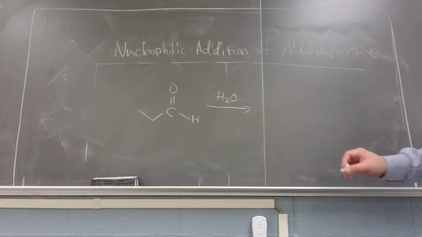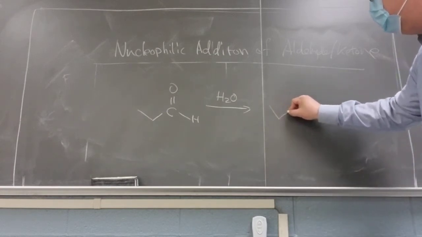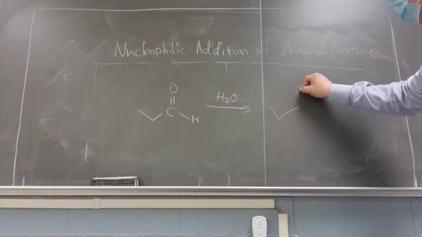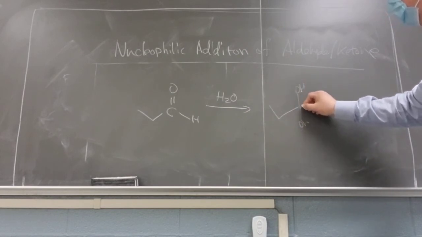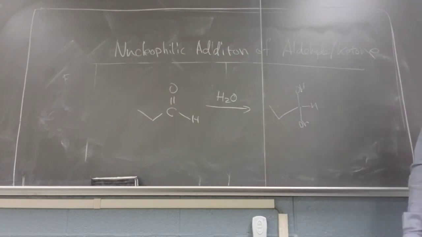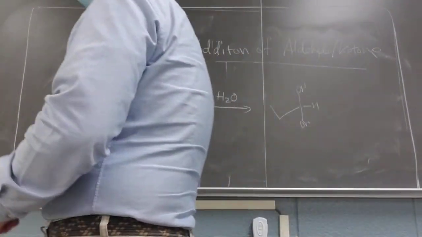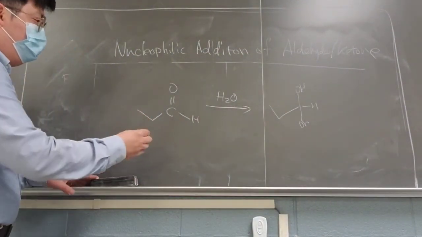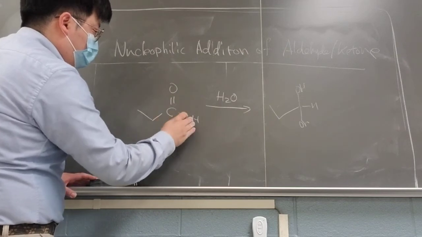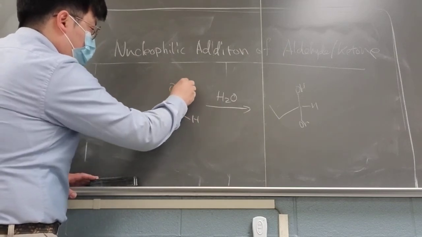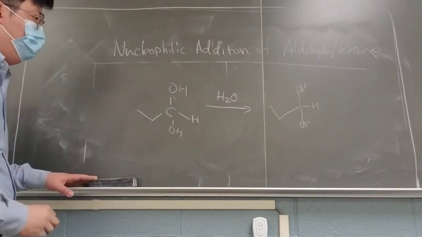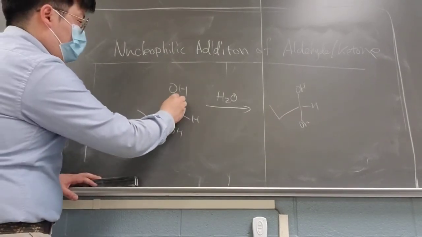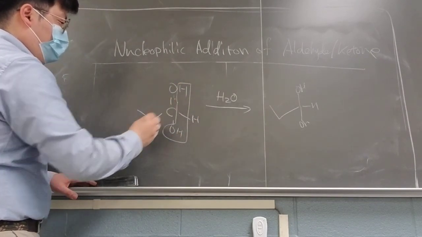Okay, so let's try this one. So you know the trick now, right? Maybe you can try to remove this one. If this is indeed hydration, you're adding this part right there.